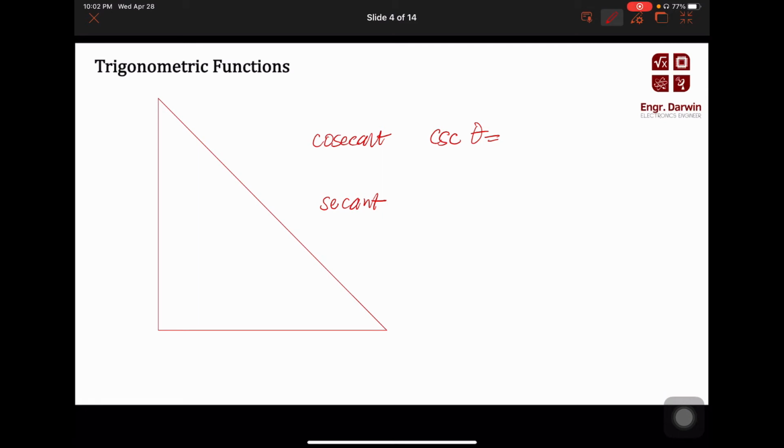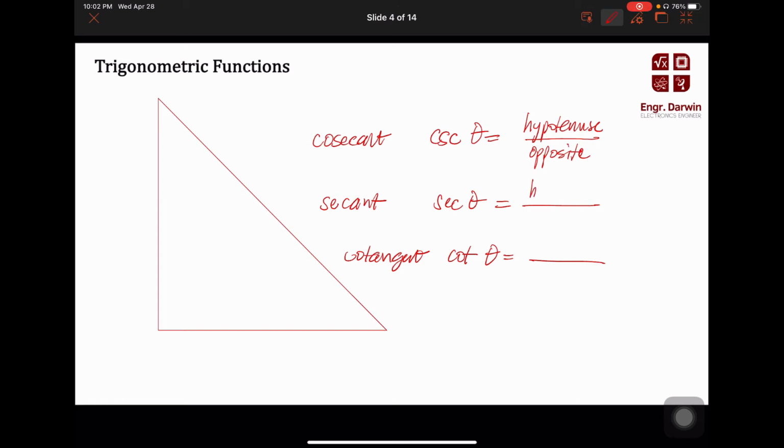which is SEC. And cotangent for the reciprocal of tangent function. So kung reciprocal siya, meaning sa sine function natin kanina, opposite over hypotenuse, ito naman ay hypotenuse over opposite.